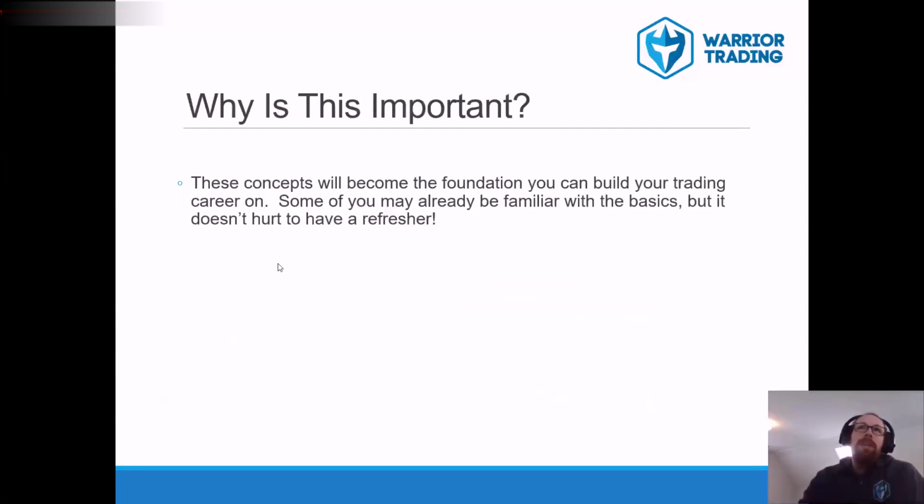Why is this important? Well, these are the concepts that really will become your foundation as a trader. We've got to build your foundation. All right, so we're going to start with the basic building blocks, and once we've got these really set up, then you can start really building your knowledge off of them.